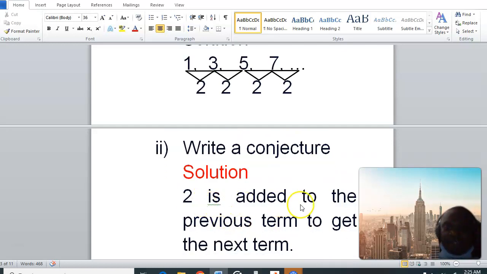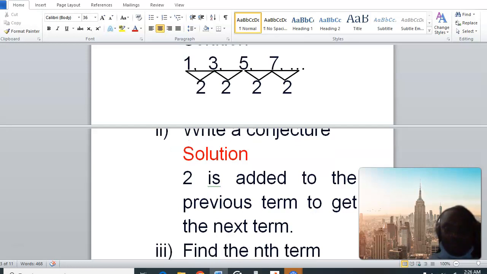That's the description of the pattern. So the term is what? Conjecture.